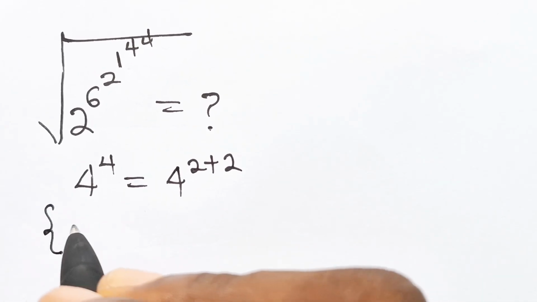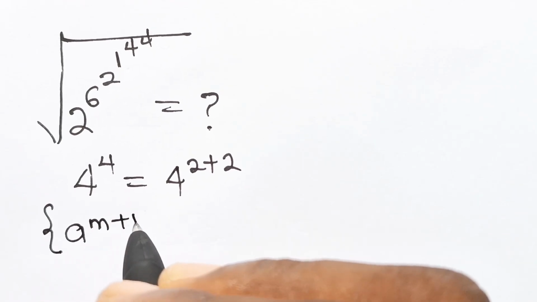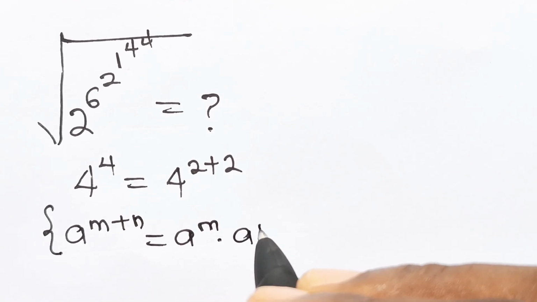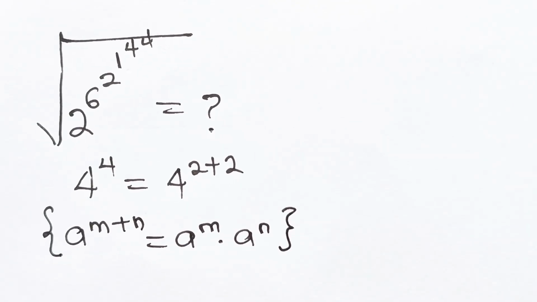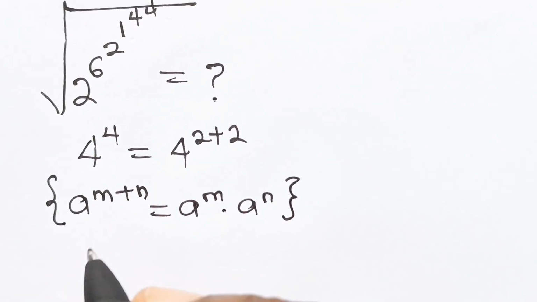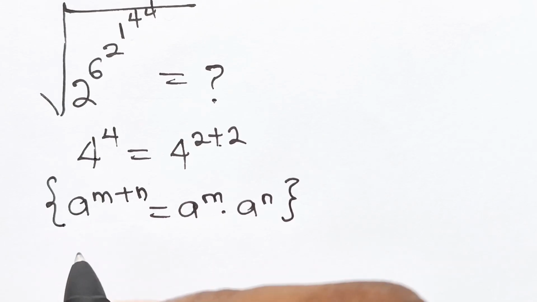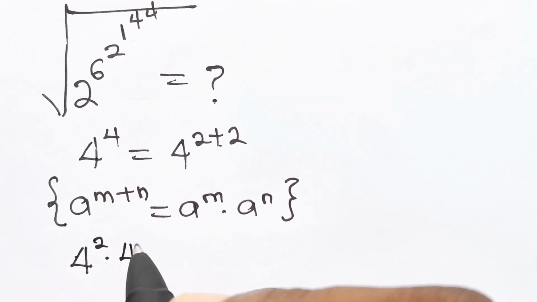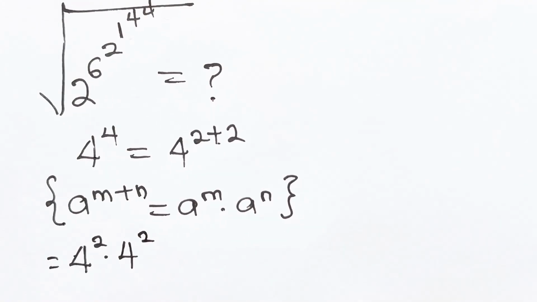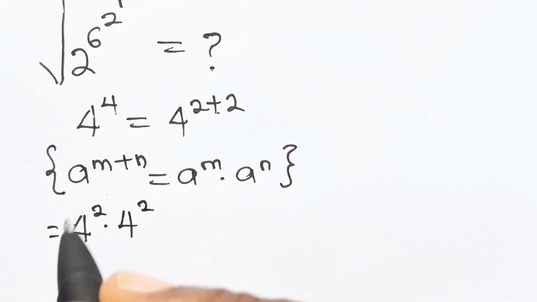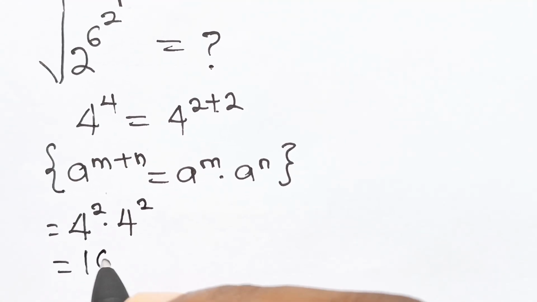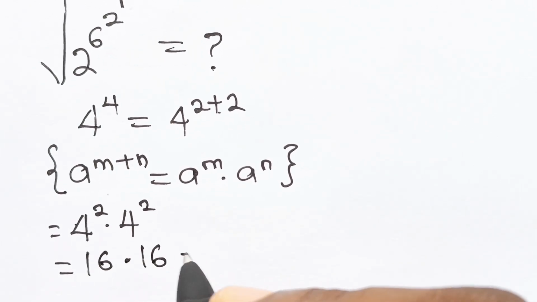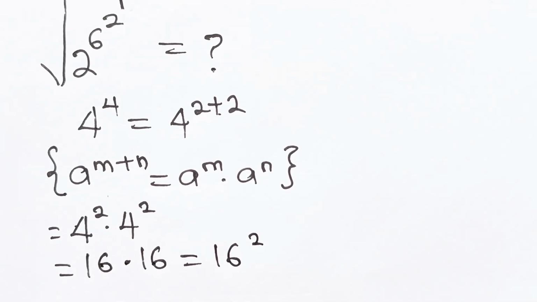Remember that a to the power of m plus n is equal to a to the power of m multiplied by a to the power of n. So this can be written as 4 to the power of 2 multiplied by 4 to the power of 2. We easily know that 4 to the power of 2 is 16, so 16 multiplied by 16, which is the same thing as 16 squared.